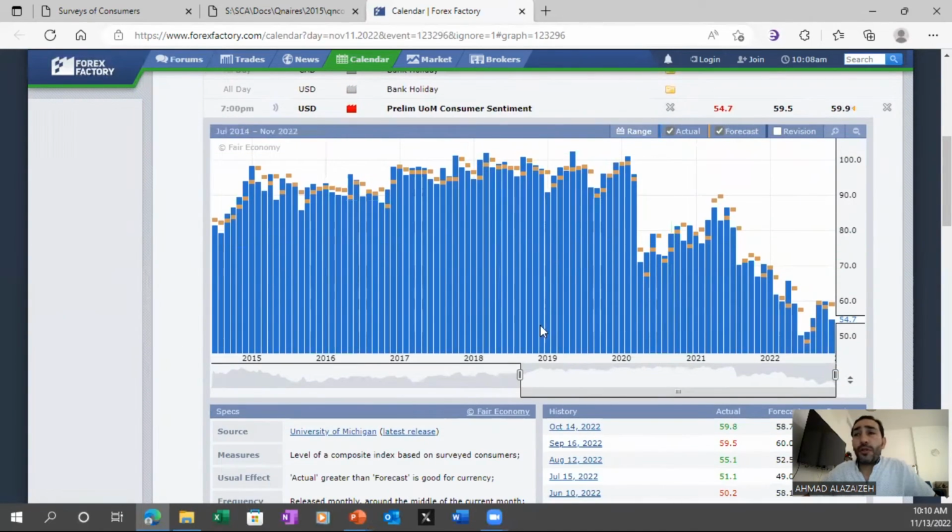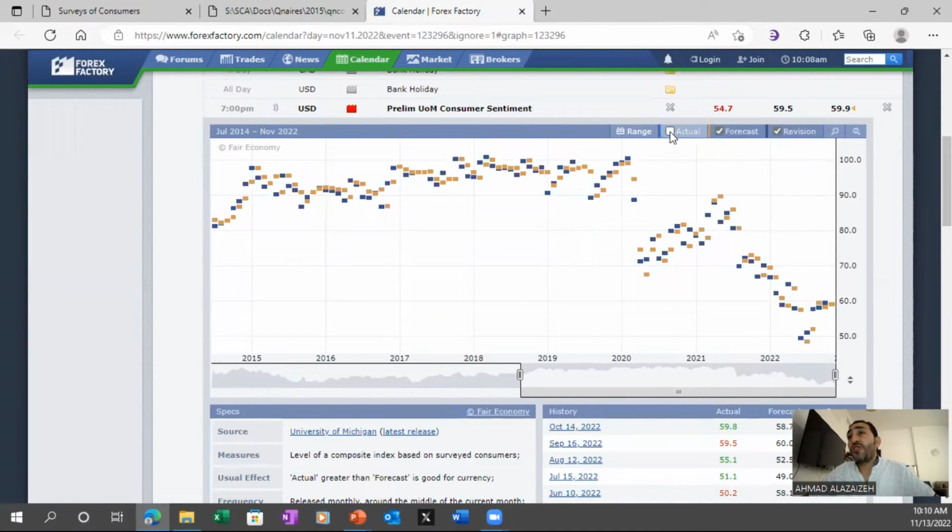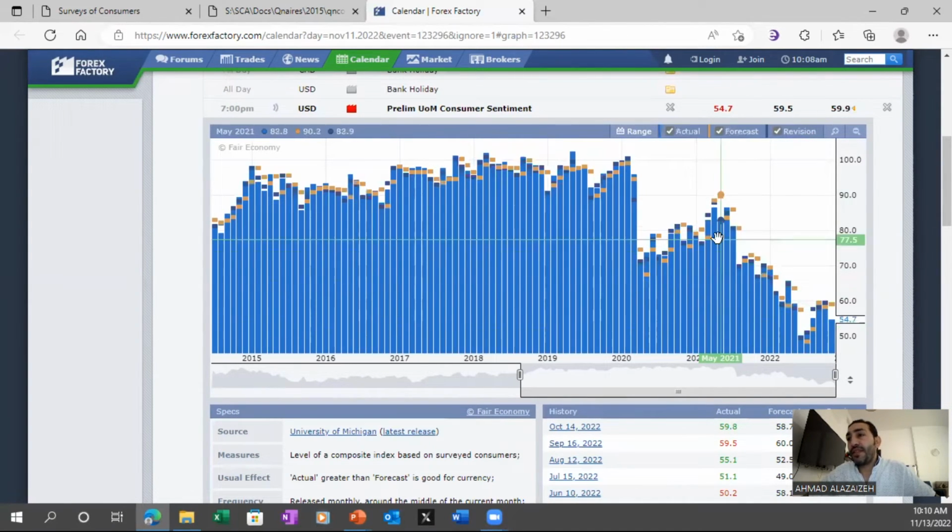Now I'm going to explain this chart on the Forex Factory website. In this chart, we have three kinds of data. You have the forecasted data, which appears as yellow dots or yellow rectangles, you have the actual data, which is the candles, and you have the revisions, which are dark blue rectangles, as you see them here.